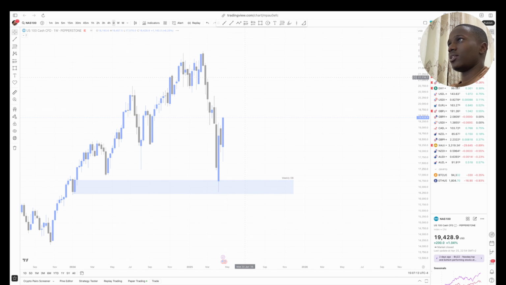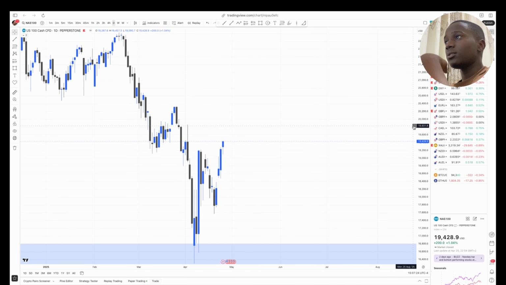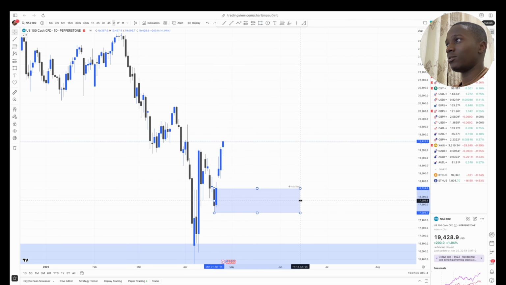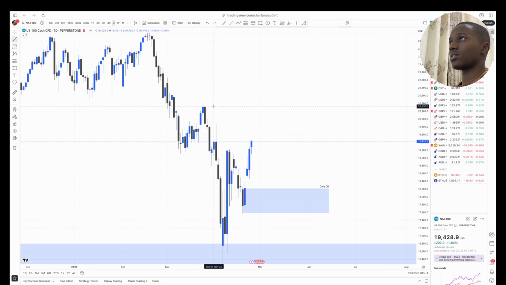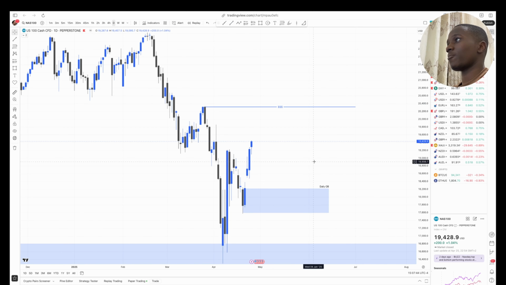So let's go to the daily now, and we'll start by marking up key POIs and key liquidity levels. So since we have a bullish bias, we might mark up some first POIs like this daily order block, daily OB, and we might need to mark also this as a good point of liquidity like this.